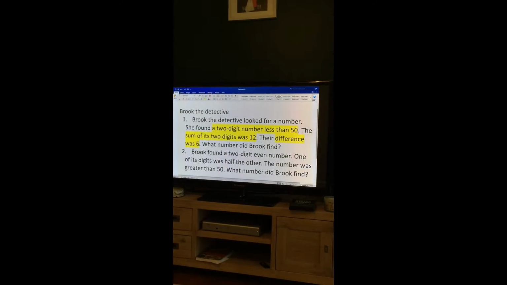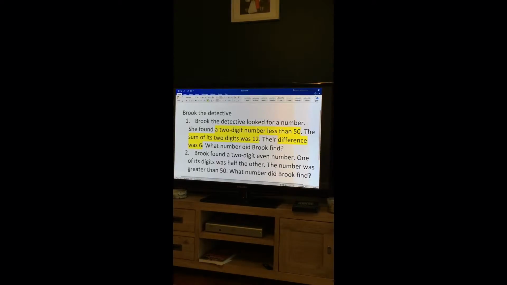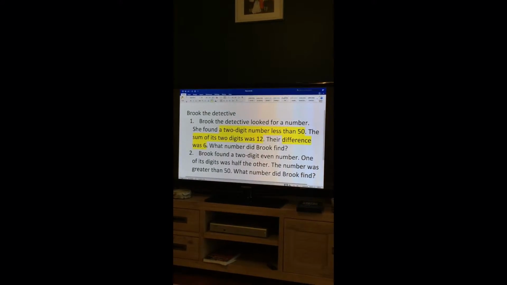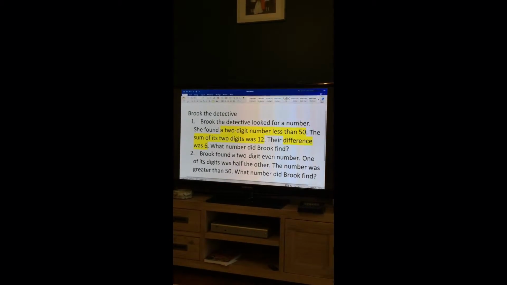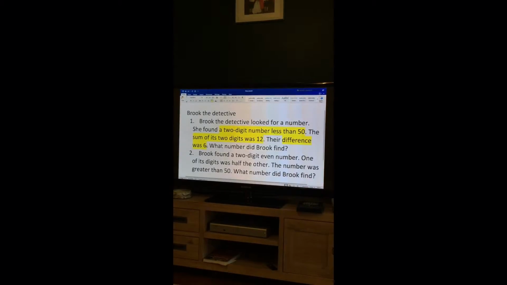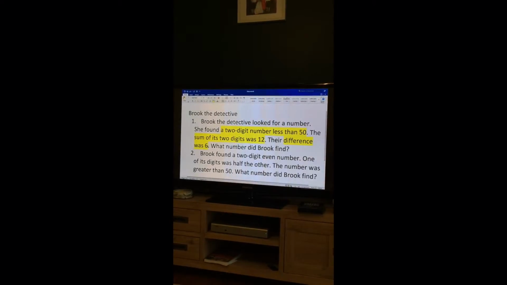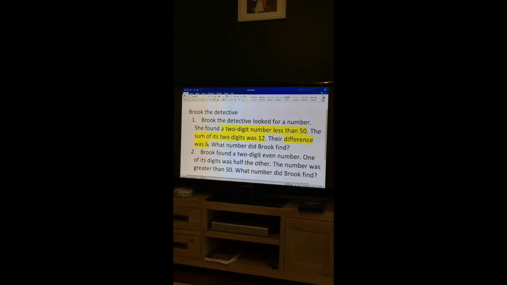So taking that into account, we know that children need to have an understanding of place value. They need to have number knowledge up to 100. They need to know addition and subtraction. They can also have an understanding of algebra. For today, we're going to use algebra.